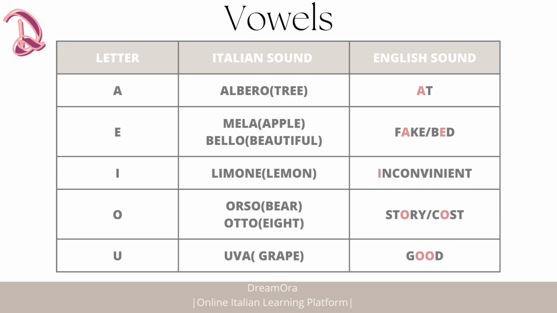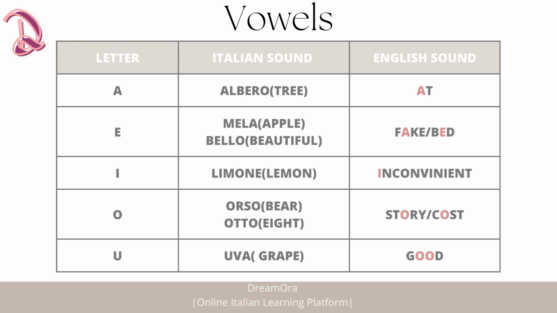Albero, at, a. Now, the E sound has a double sound. So we have the closed one, which is e, and the open one, which is e. Now, for the closed one, we have mela as an example. Mela.